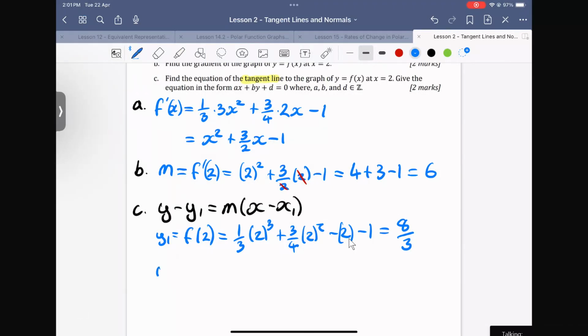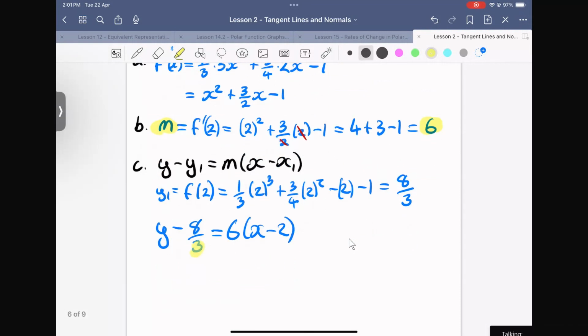So we've got y minus 8/3 is equal to, and our m value is 6 bracket x minus 2. Now notice it is in general form, which means that all of the constants have to be integers.